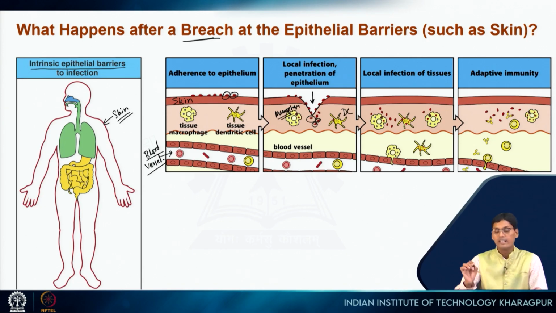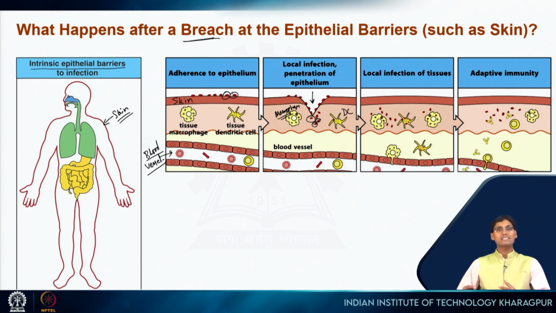Those are tissue resident macrophage and tissue resident dendritic cell. Most of those cells are generally present inside blood, and in some lymph nodes and other specific portions of our body, but they are also present in tissue.